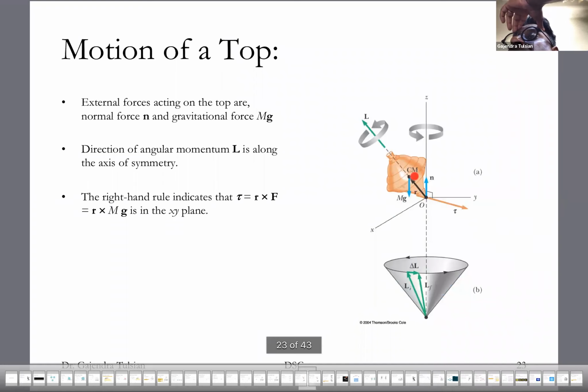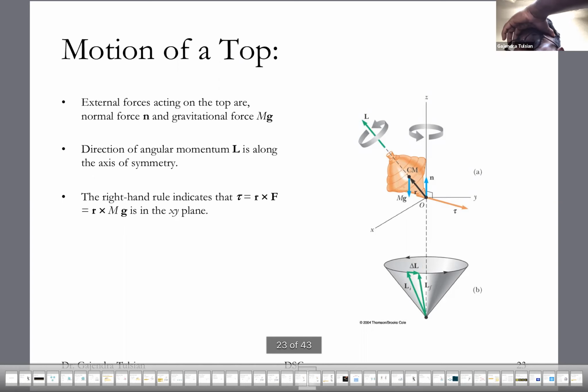So you saw that if a top is spinning and there's a force of gravity that's trying to topple it, what the top does instead is precess. So remember that. If you have a torque acting on a spinning top, the top will precess. That's the net result.